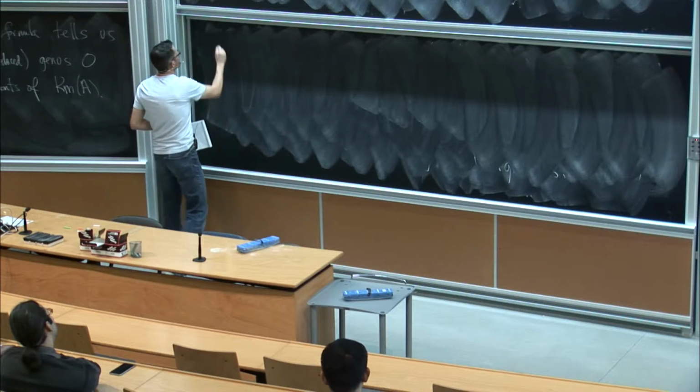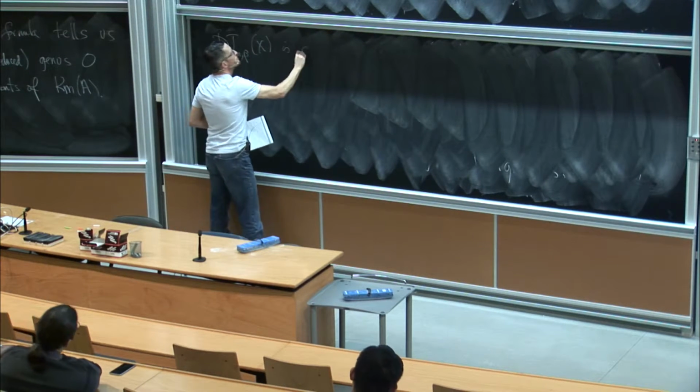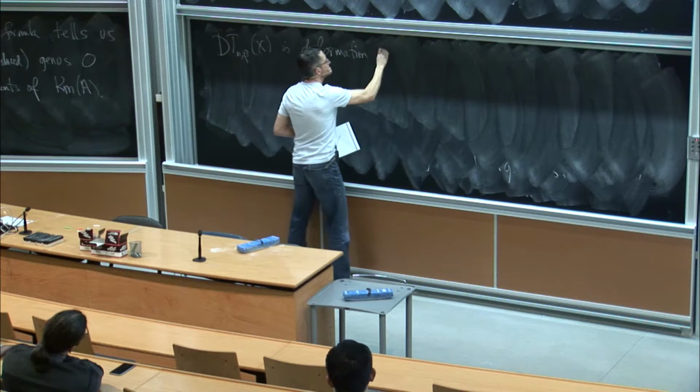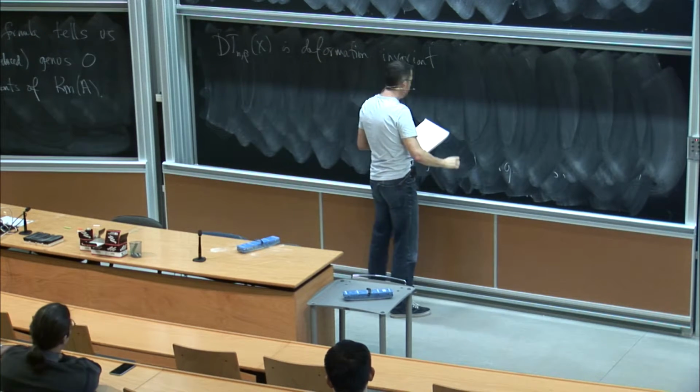It's something that tells you about the singularities in the non-reduced structure, but I'm not going to actually define it for you. So, of course, the theorem is that DT_beta of X is deformation invariant. So it really is, that's why we call it an invariant.